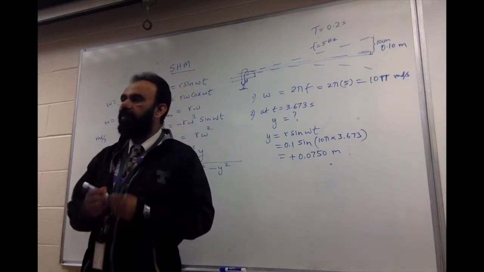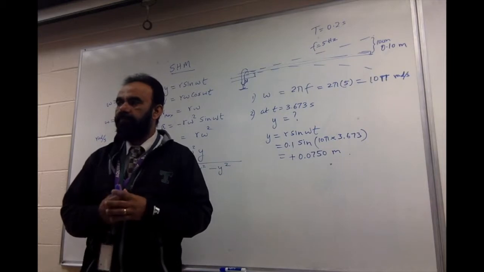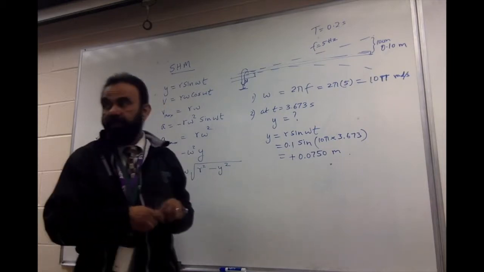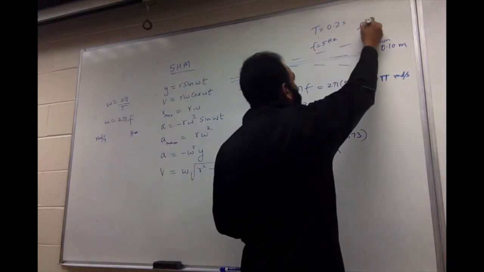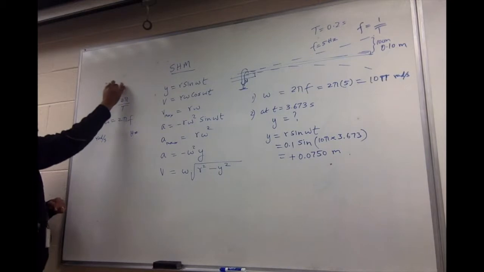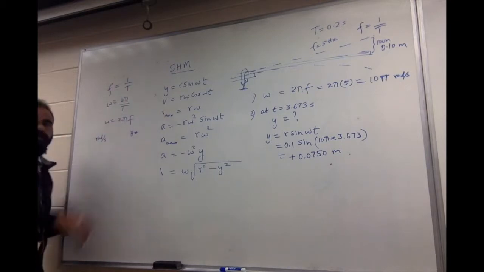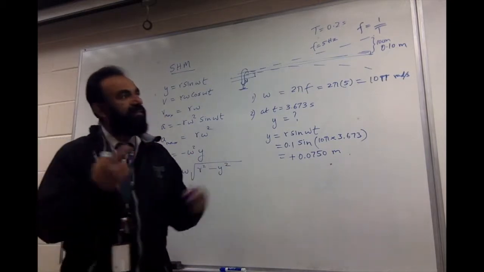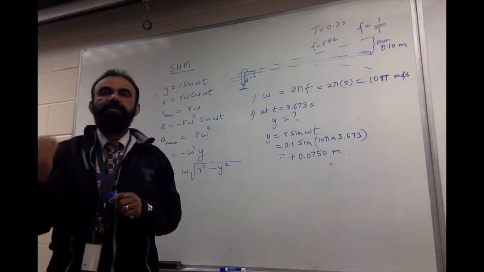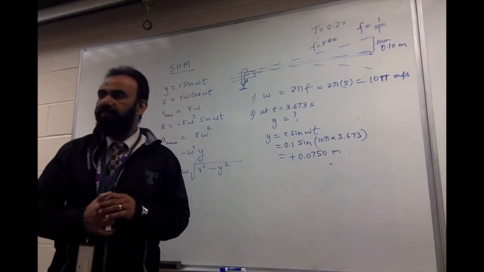For the time period, we just did 1 over, what did you just do? Time period? Yeah. Frequency is 1 over time period. You should know that. I think we've used it already. Frequency of an oscillation is the reciprocal of the time period. Did we use that earlier?